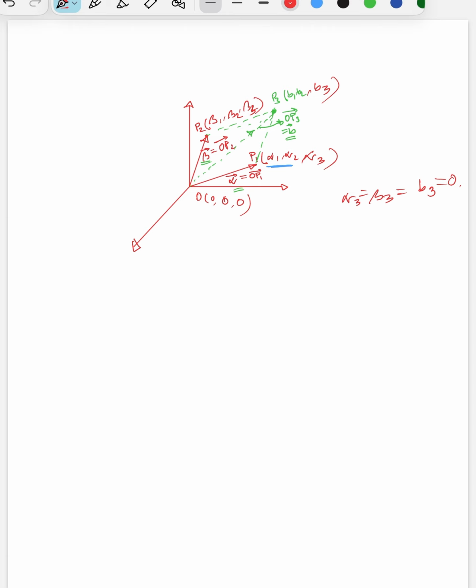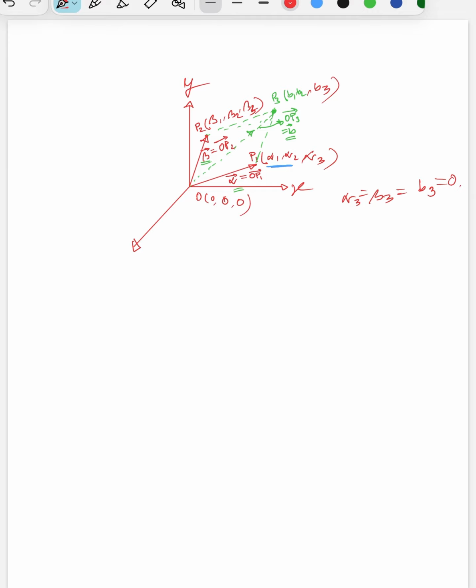Similarly, this could be considered as an n-dimensional point, an n-dimensional vector. But other than the two components along the x and y direction, every other component is going to be basically 0.